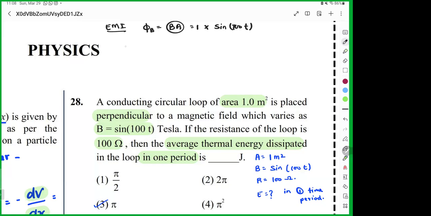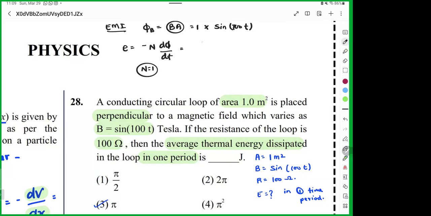Faraday's second law says that induced EMF is equal to d phi by dt for one coil. For n number of coils, N d phi by dt. Here the number of coils is not written, so you will consider it as 1.